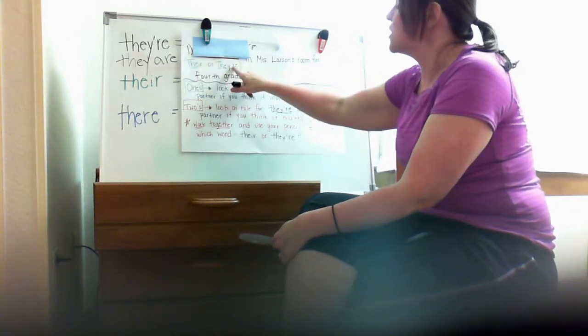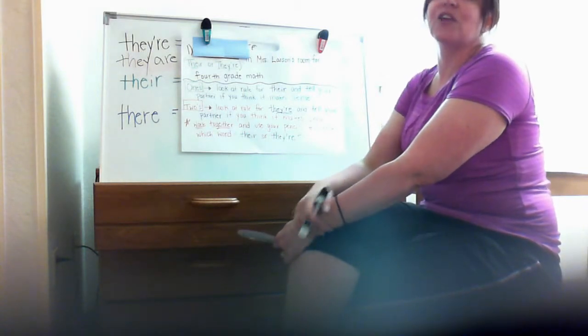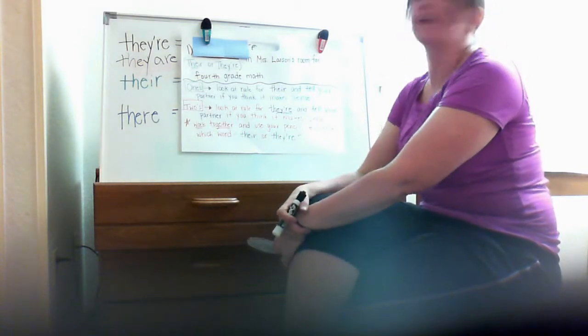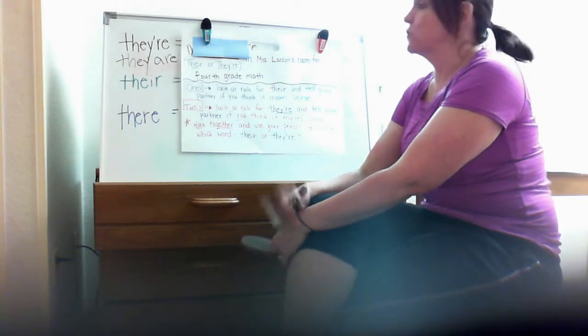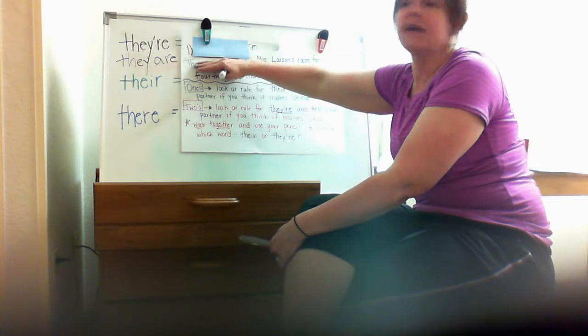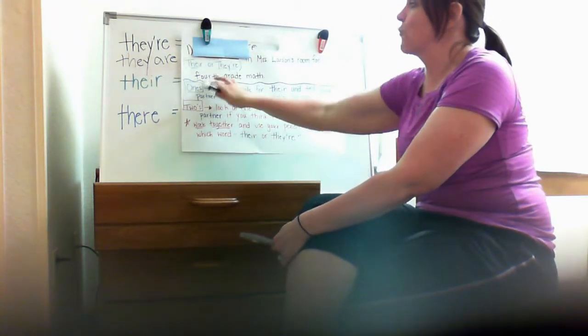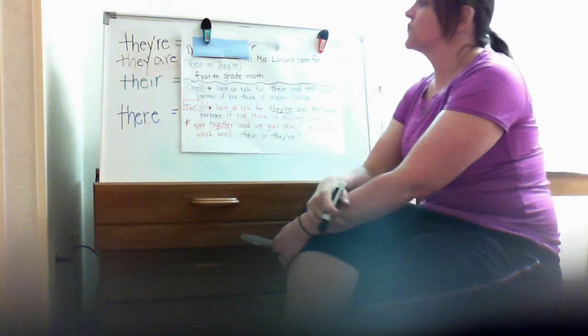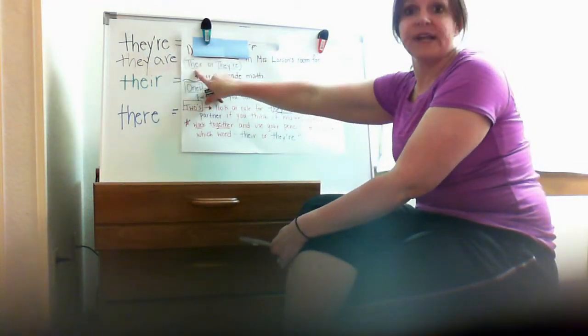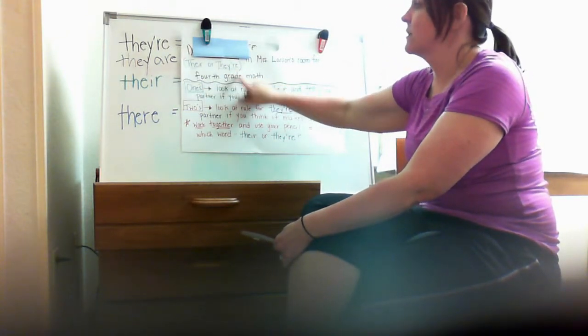If you look at your worksheet, does everyone have a worksheet? Thank you. Thank you for handing that out. Okay, so let's look at number 1. Let's read that together. We'll just say blank. Get ready. Blank in Mrs. Larson's room for 4th grade math. Okay, so I give you a choice. It's either this there or this there.